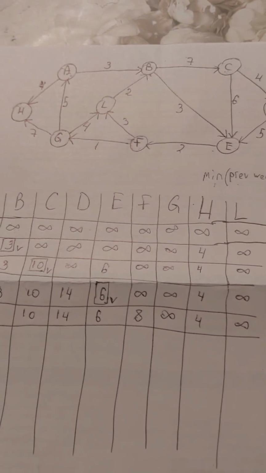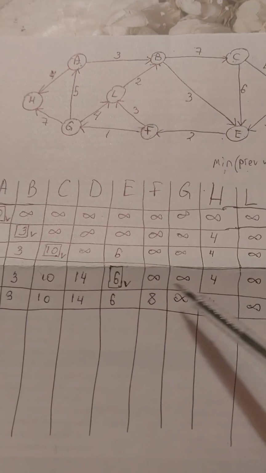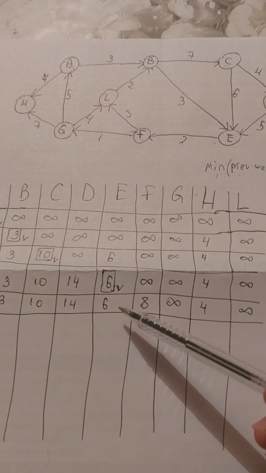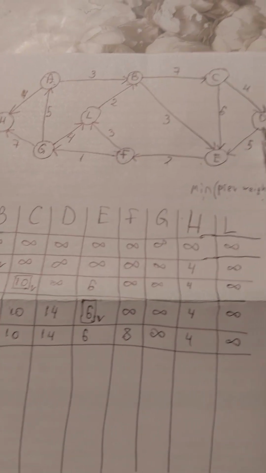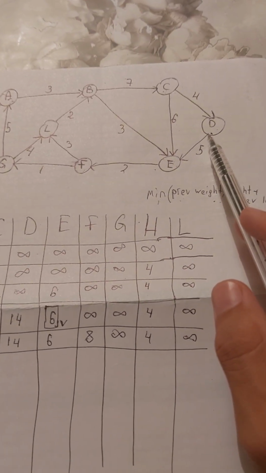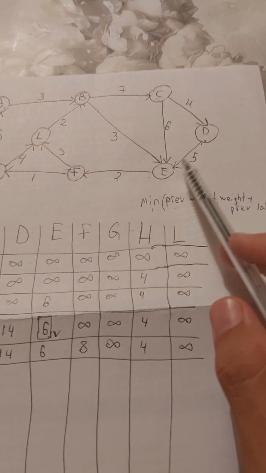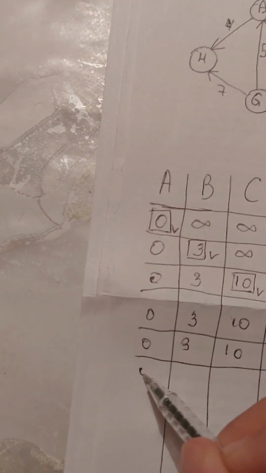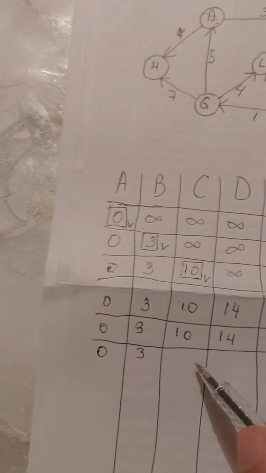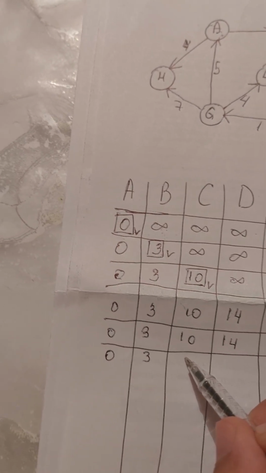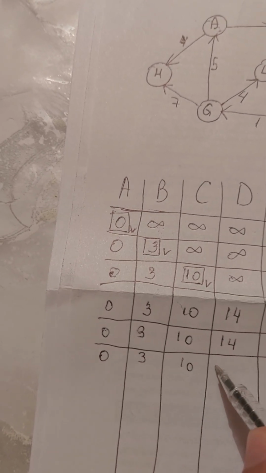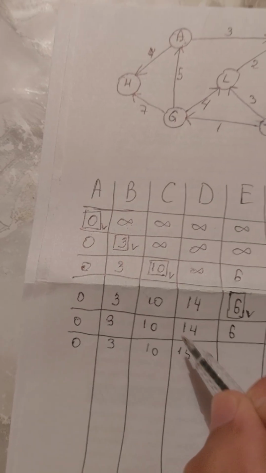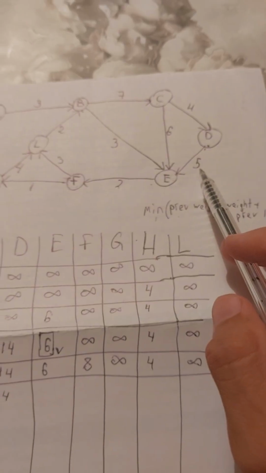Okay, now we have to define from D. From D we have only one direct path, it's from D to E, its weight is 5. Okay, 0, 3, here is 10, here 14. From D to E the weight is 5.